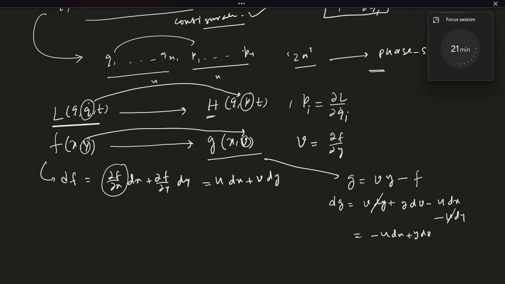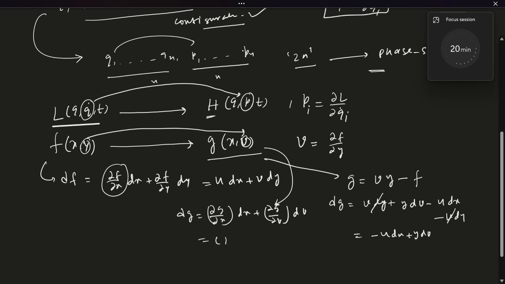If g is a function of x and v, then dg equals del g by del x times dx plus del g by del v times dv. So you are expecting something dx plus something dv, and that is what we got.